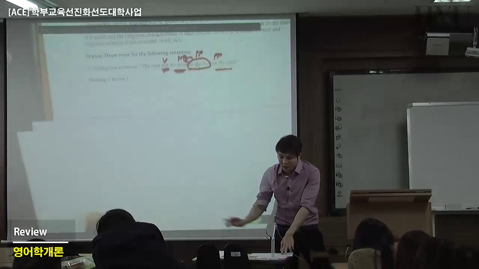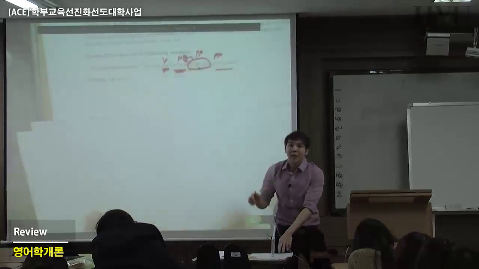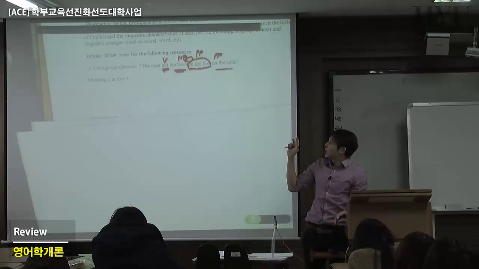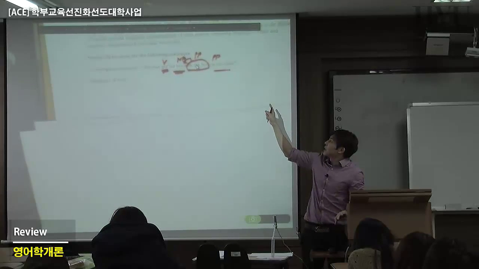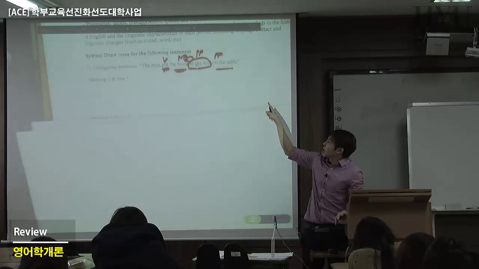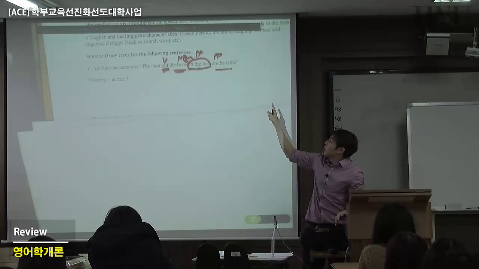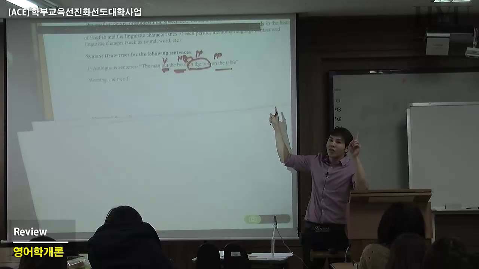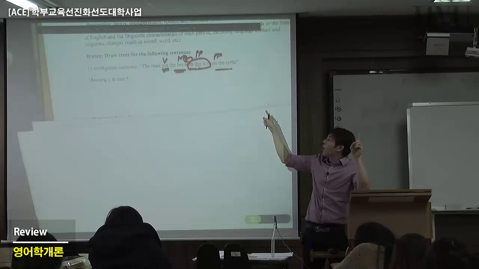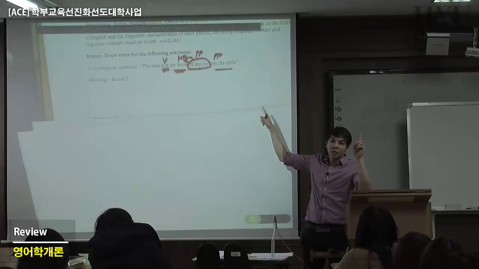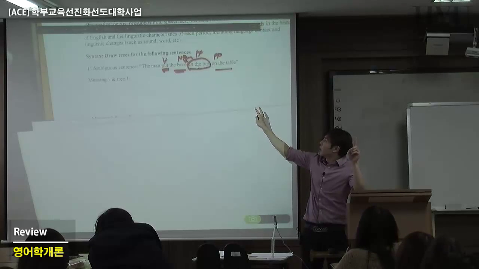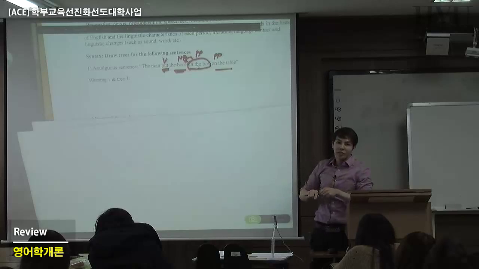Put on the table, not the box on the table. So in conclusion, it's the last prepositional phrase that's problematic, right? It could work as a modifier of the box on the table, or a modifier of put the book in the box on the table, right?